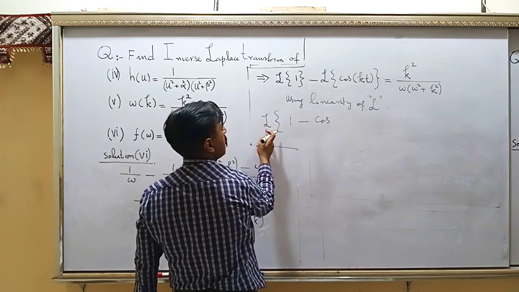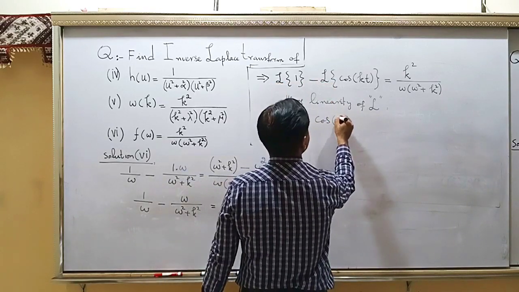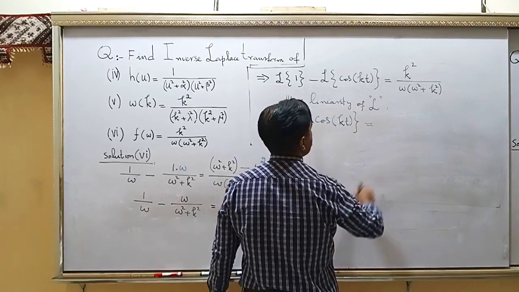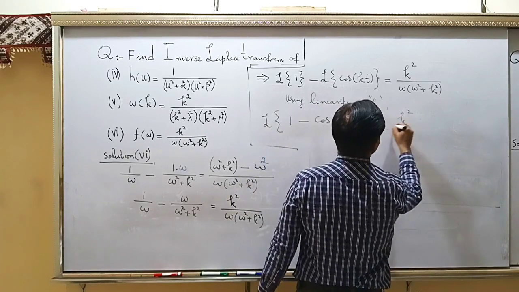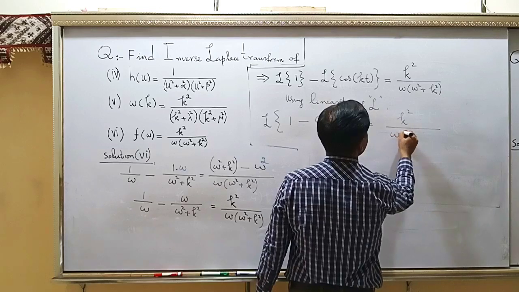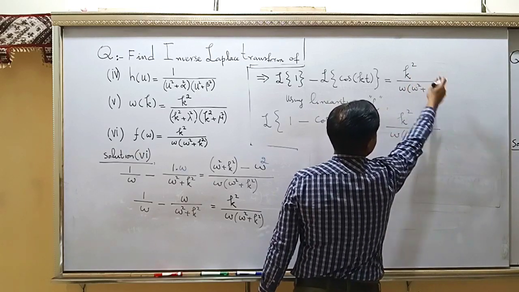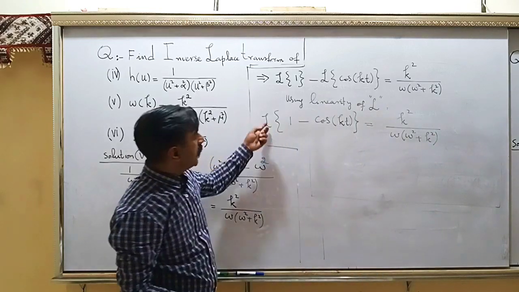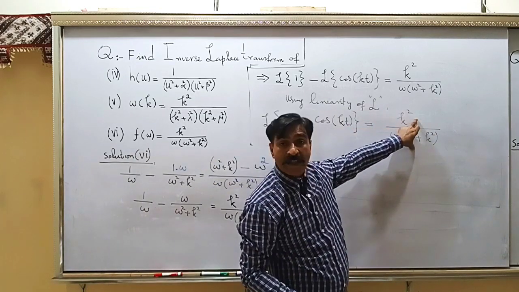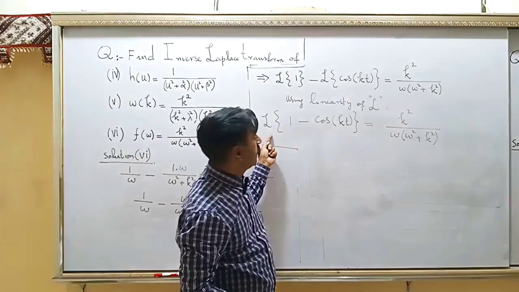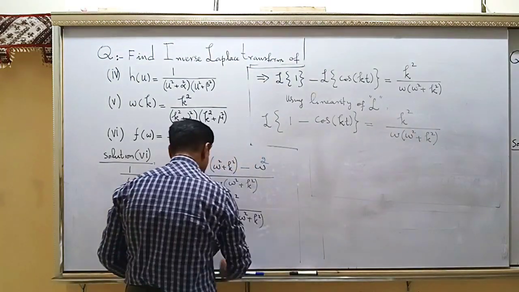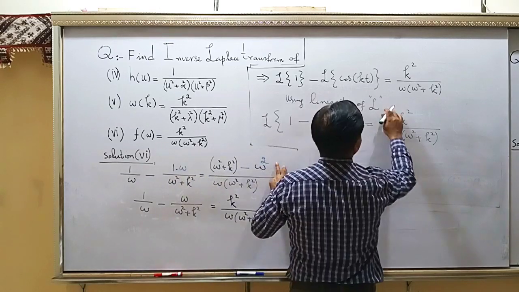This L has been taken just like as common, and on the right hand side no change, the part is written again. Okay, now this is the Laplace transform and this is in this form, right?